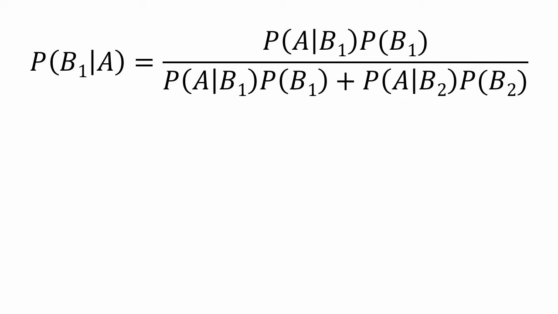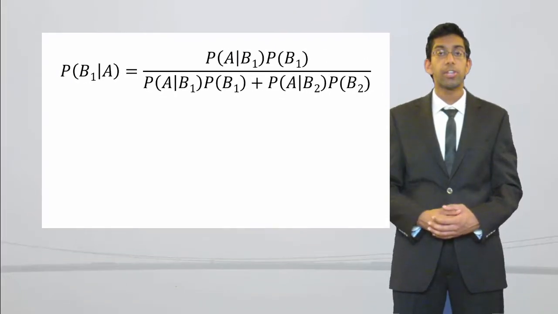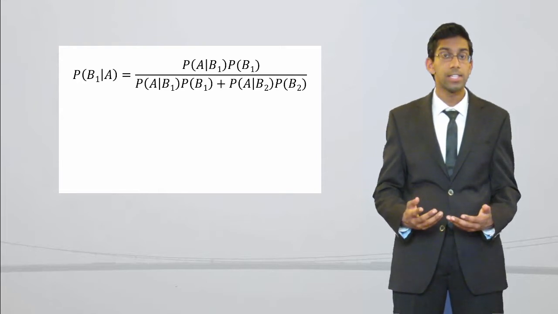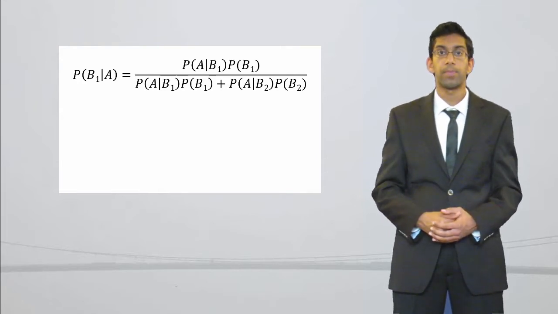As you can see, there are three underlying variables that we need: A, B1, and B2. A patient comes in to test for disease. The patient either has the disease or does not.